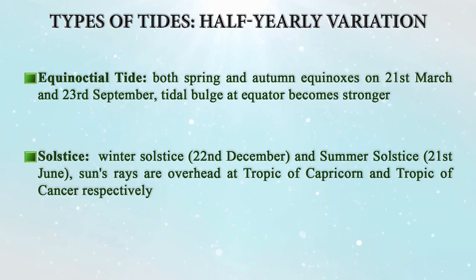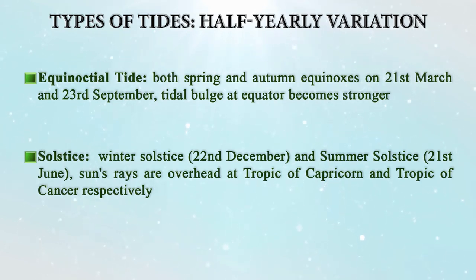During winter solstice and summer solstice, that is 22nd December and 21st June respectively, the sun's rays are overhead at the Tropic of Capricorn during the winter solstice, and on the Tropic of Cancer during the summer solstice.